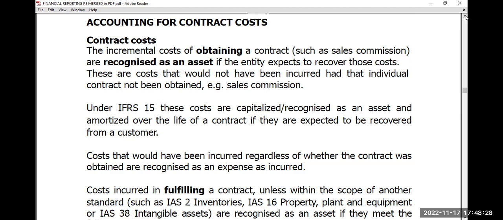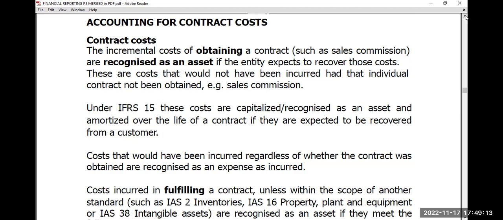Because at the end of the day, when someone pays, part of the money is going to be for the contract plus the costs you've actually incurred. So long as you can recover those costs, then you are supposed to capitalize them. These are costs that would not have been incurred had that individual contract not been obtained. If we don't incur them, we are not going to obtain the contract.